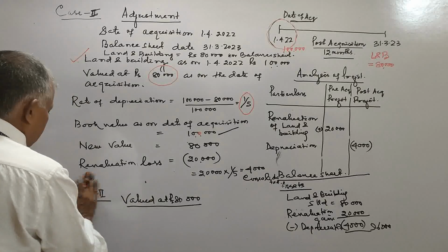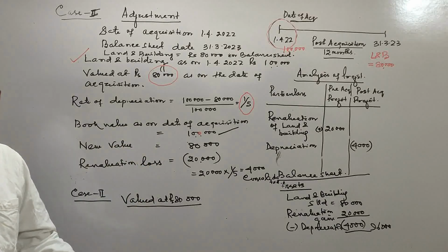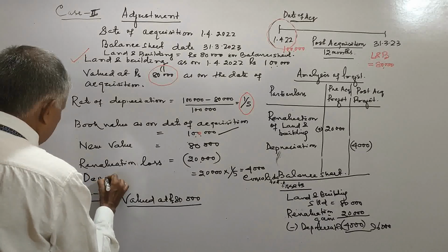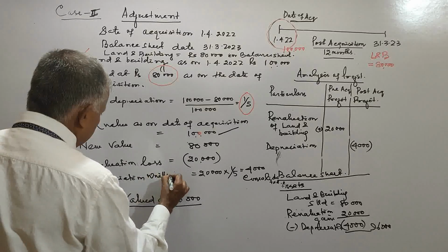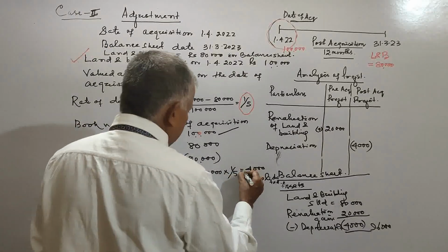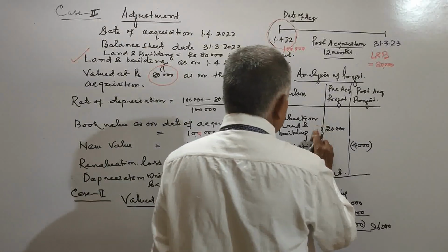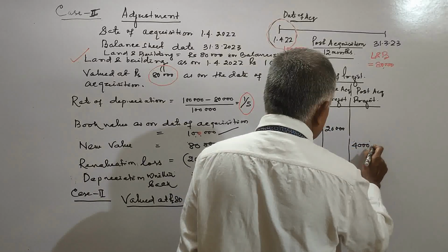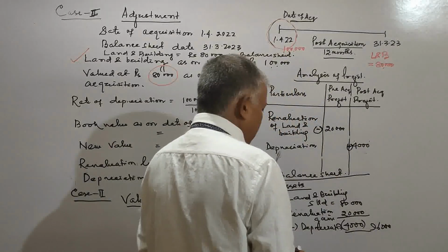Depreciation written back: excess depreciation we have provided, the value reduces, therefore depreciation has to be written back. Depreciation written back is 4,000. Friends, in this case, this will be your minus, this will be your plus, because the profit will increase and this will be minus.